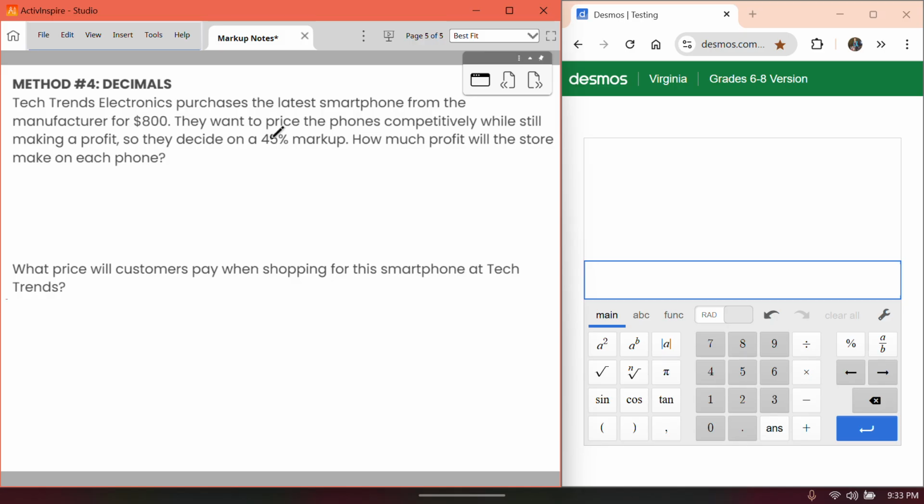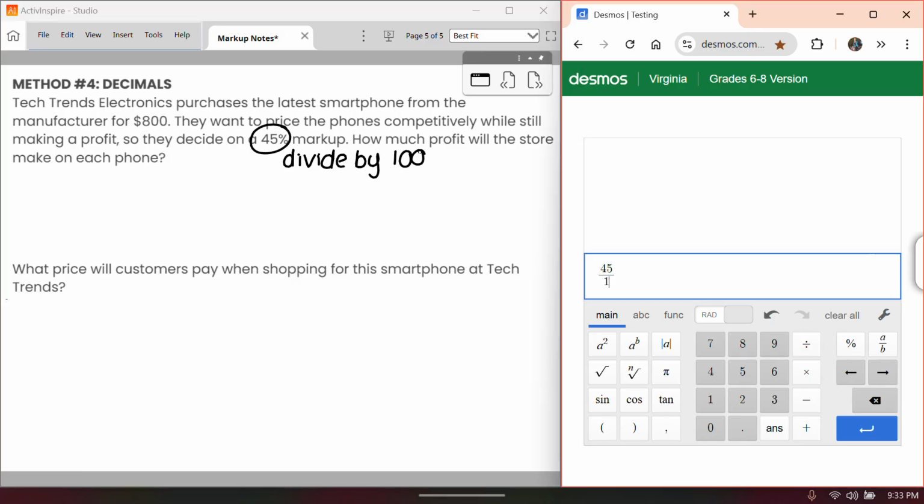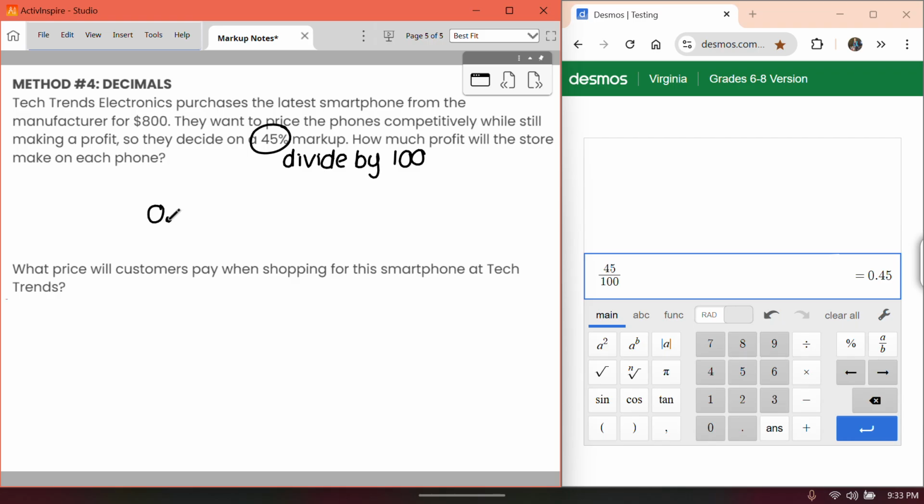So I'm going to first change this to a decimal by dividing by 100. Because if it's not a decimal, I can't use this method. So 45 divided by 100, there's my decimal. And then all I have to do is multiply that by the price.